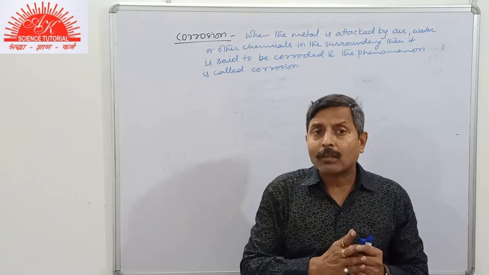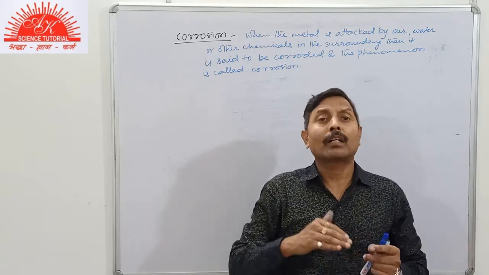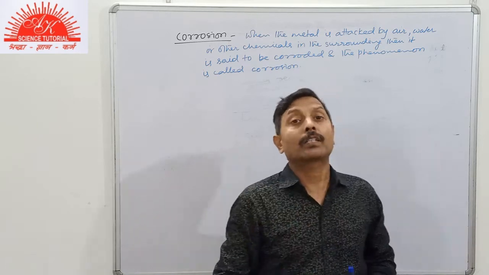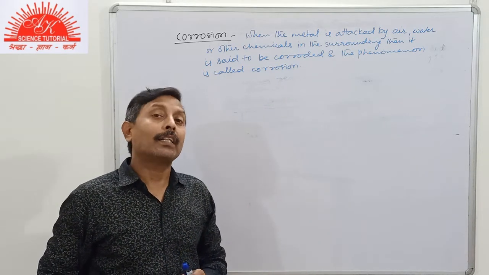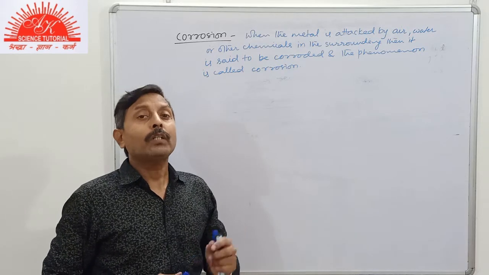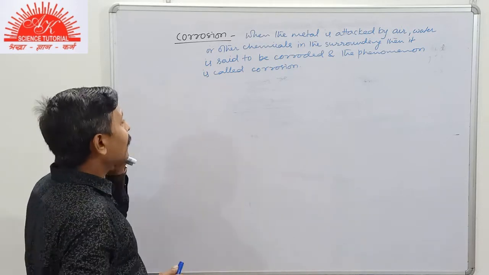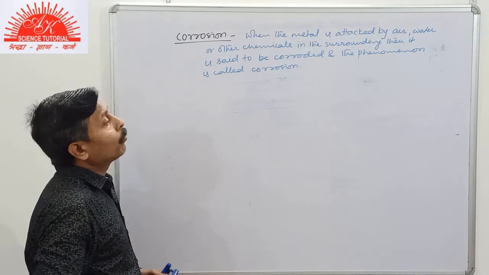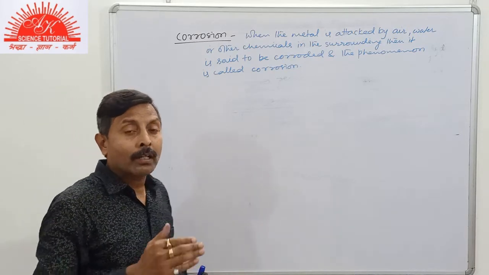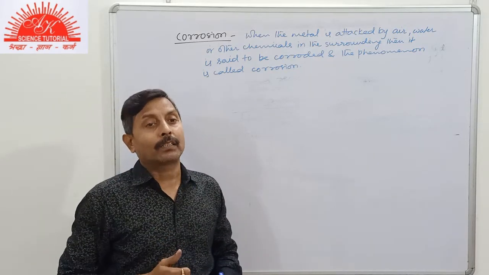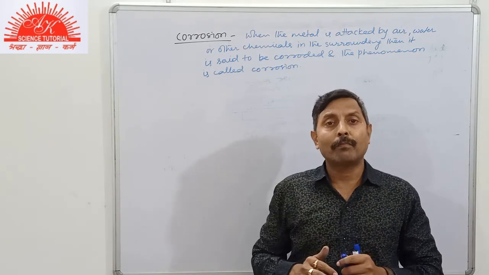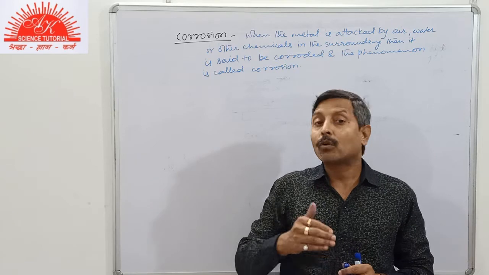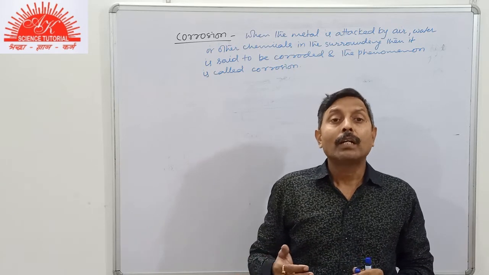Metals are corroded due to air, water, soil, salts, and coming in contact with seawater. So here, student, we see that corrosion takes place with metals. Highly reactive metals in the metal activity series get corroded easily, so they are required to be protected.